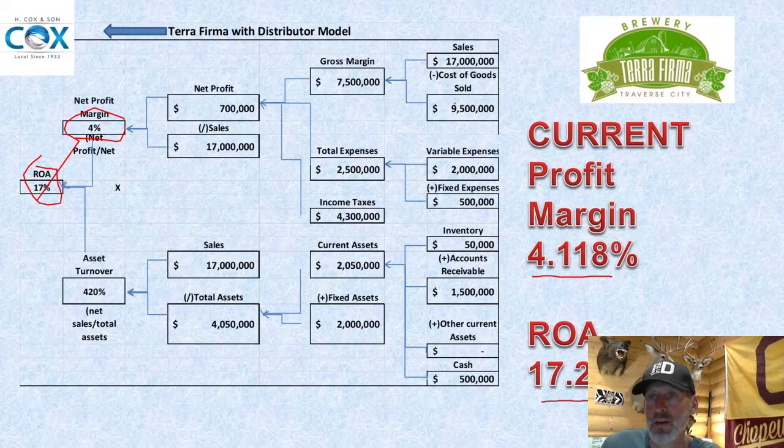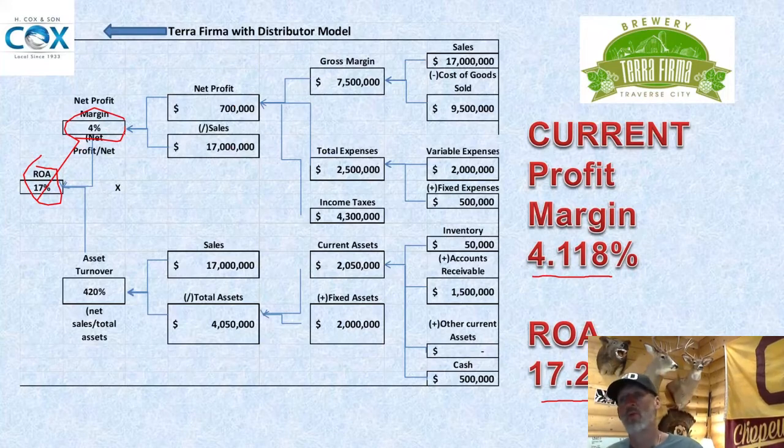Sales minus cost of goods sold gives us our gross margin, and taking our gross margin less total expenses and income taxes gives us a net profit of $700,000 over our sales, which gives us our profit margin of 4.118%.